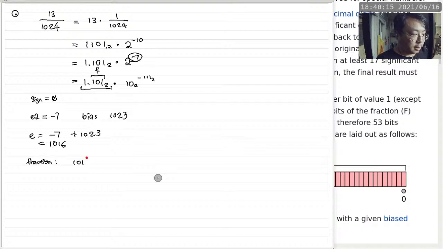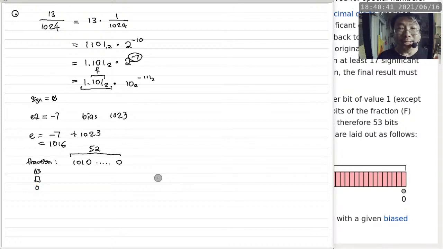Well, that's easy. We just go 0, 0, 0. So we basically say there are 52 binary digits here. I just decide not to handwrite the other zeros. Okay. So now we have all the essential components. Bit 63 is a 0 because this is the sign bit.